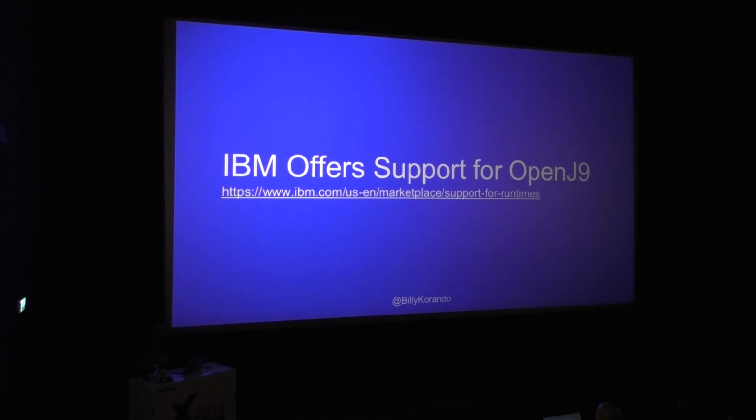If you want support for your binaries, IBM offers a support offering for OpenJ9 called IBM Runtimes for Business. And if you go to that marketplace URL, you will find that offering, which will offer you support for your installations of OpenJDK with OpenJ9 binaries downloaded from Adopt.